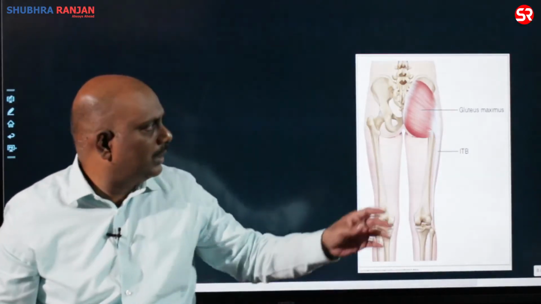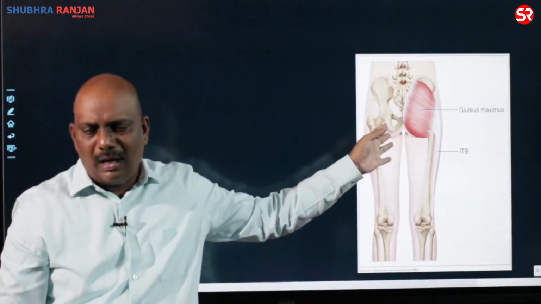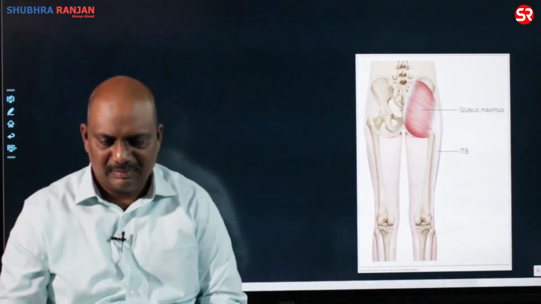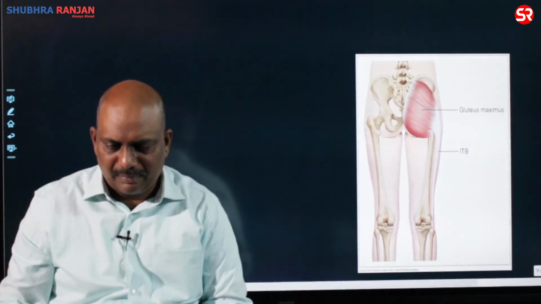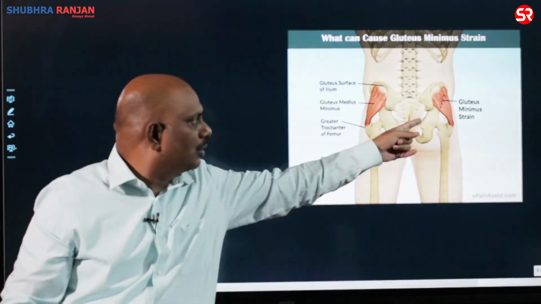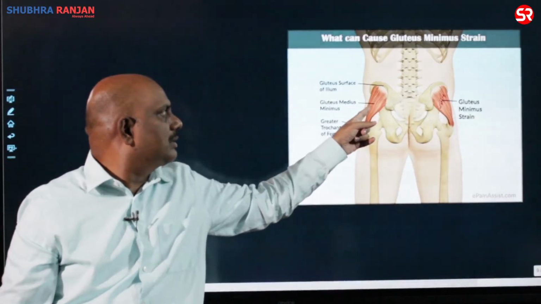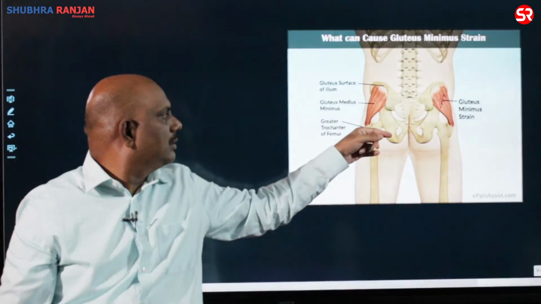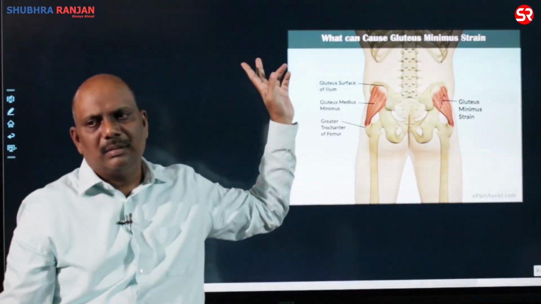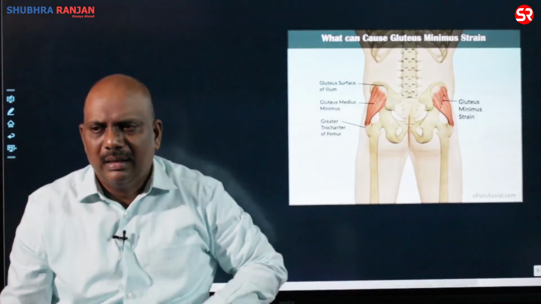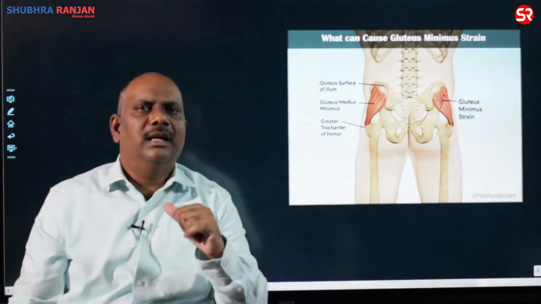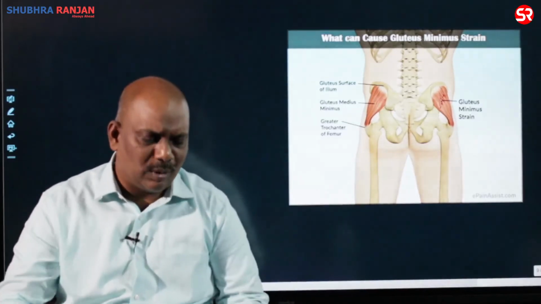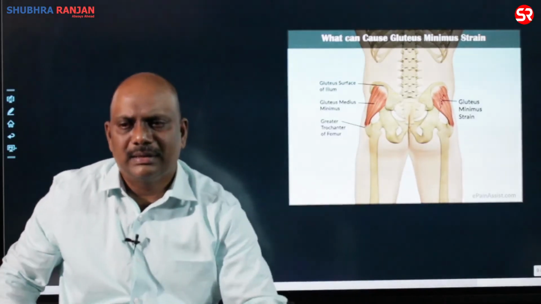This is gluteus maximus. And this is gluteus medius, gluteus minimus. These two muscles stabilize our pelvis when we are walking. These two muscles are totally absent for Australopithecus.